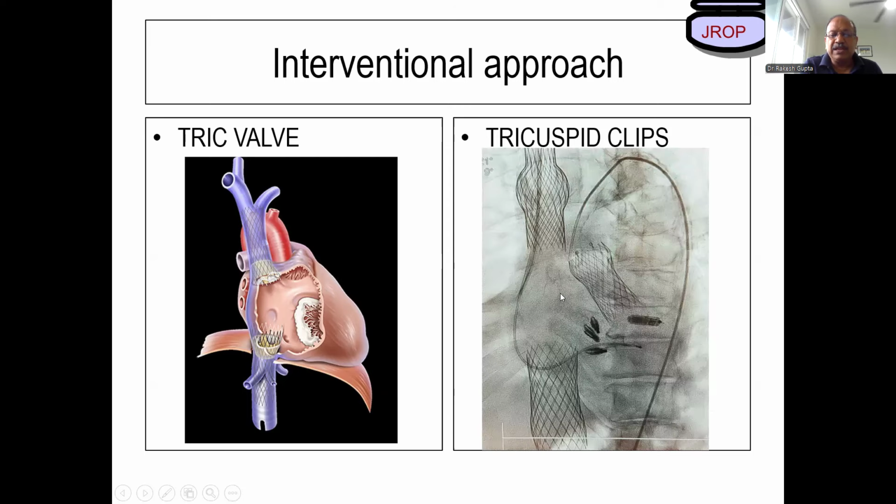And how do they look? It's like a valve where blood will only come from SVC to RA, IVC to RA, but there will be no regurgitation of flow. This kind of valve is seen over here, implanted in SVC and IVC.